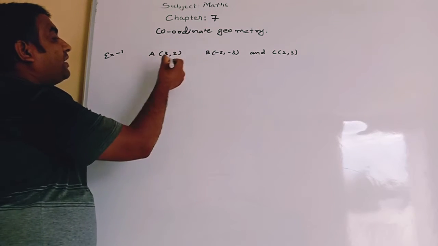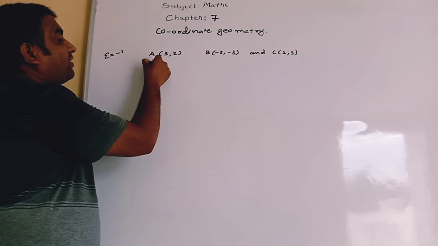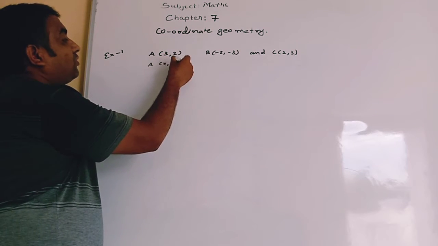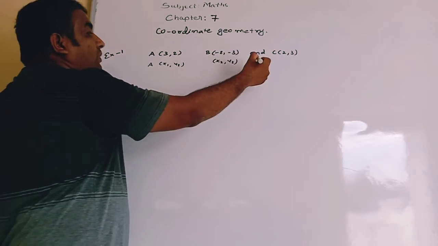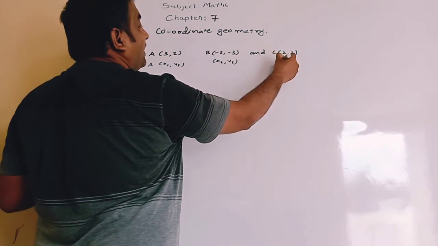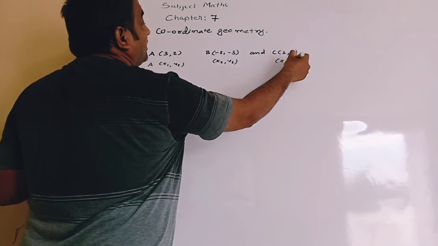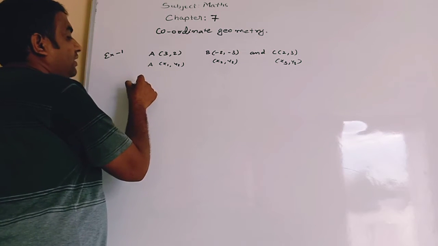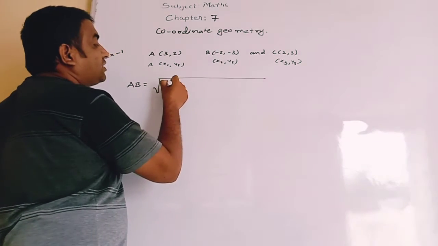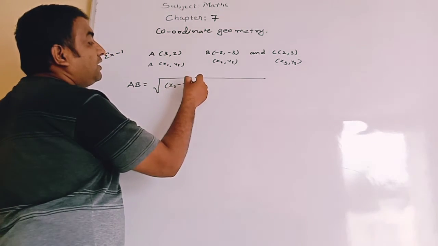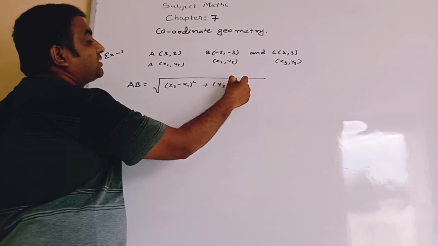So first we will find out three distances. So let A (x1, y1) we take (3, 2), B (x2, y2) we take (-2, -3) and C (x3, y3) we take (2, 3). So AB distance we find out with the distance formula. Now we have the distance formula that we know, x2 minus x1 square plus y2 minus y1 square.